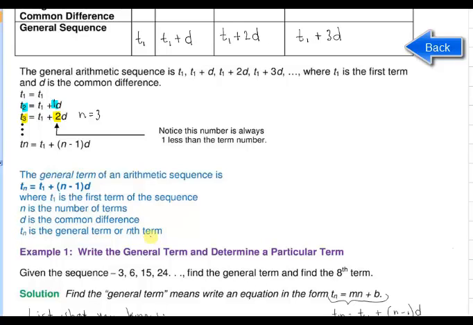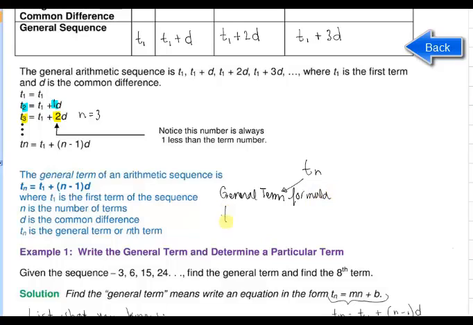Okay, so there's a couple of ways that you can take a look at this general term. Okay, the general term being T subscript n. One way to look at it is as the general term formula.